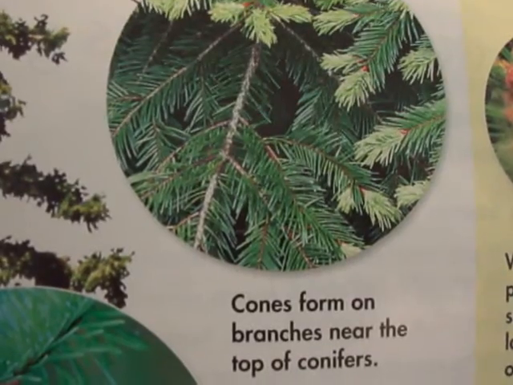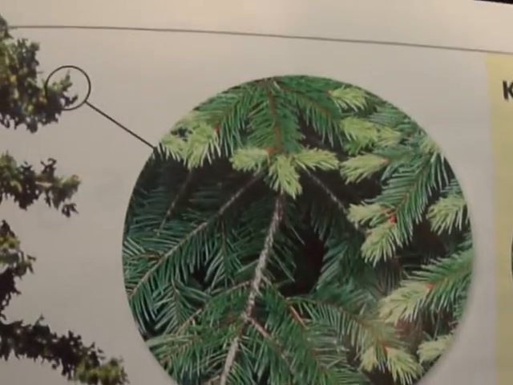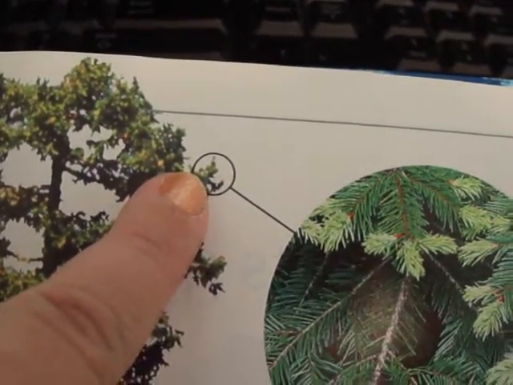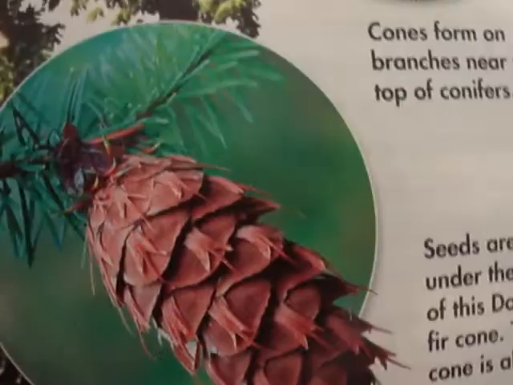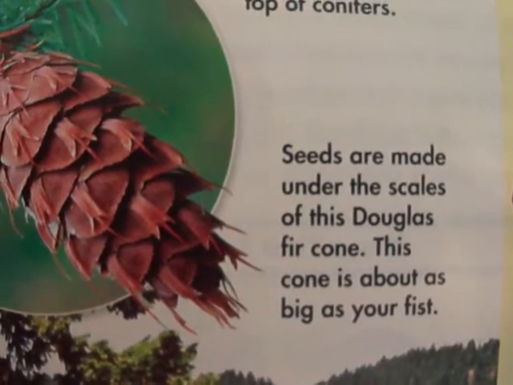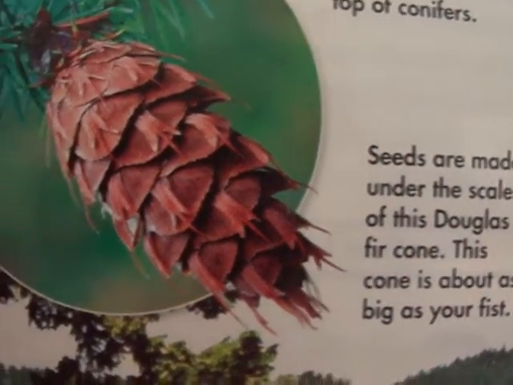Cones form on branches near the top of conifers. Seeds are made under the scales of this Douglas fir cone. This cone is about as big as your fist.